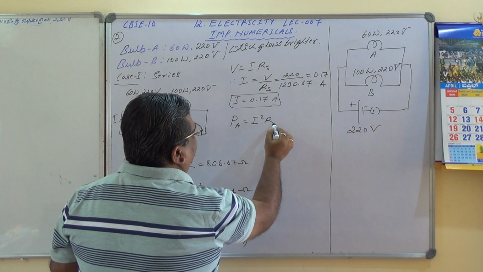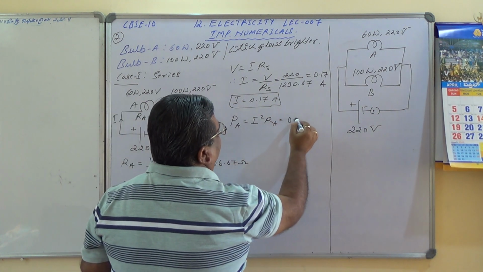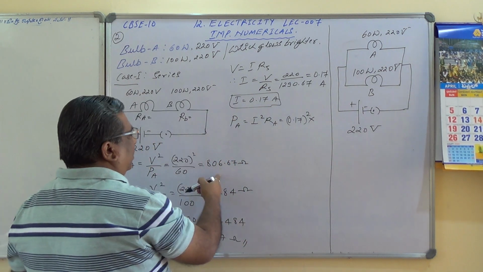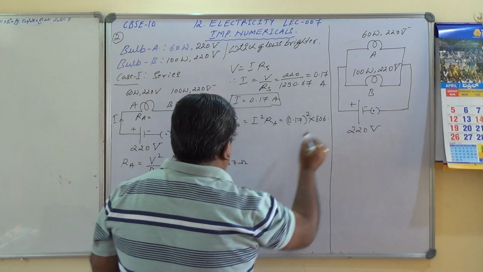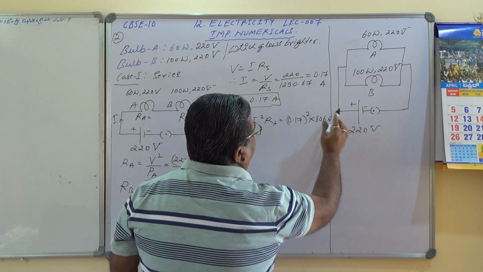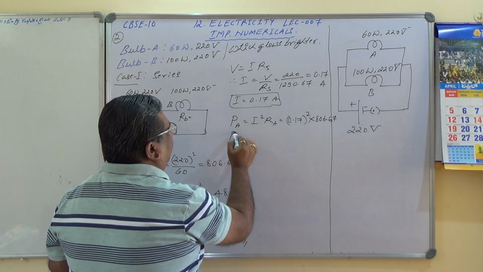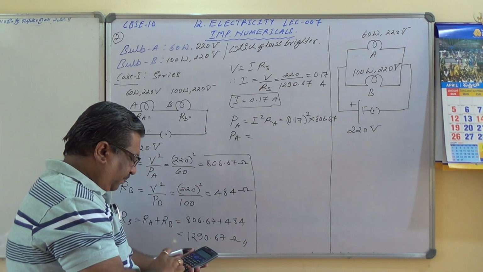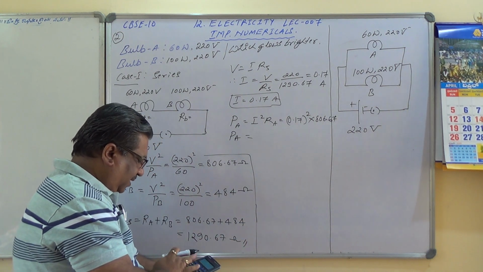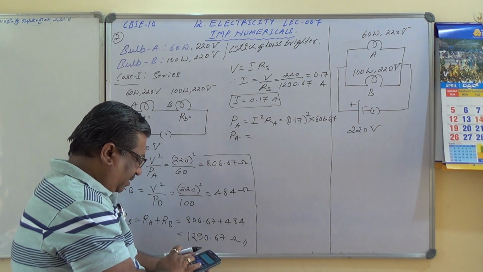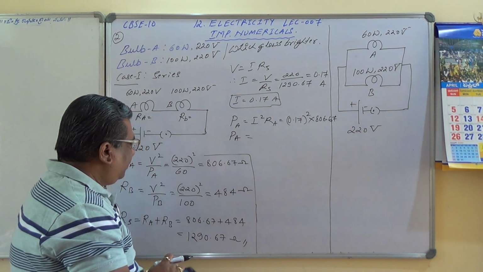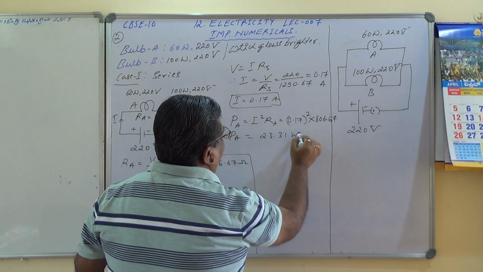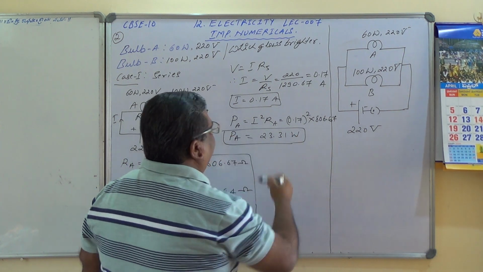So PA is equal to I square into RA. What is I square? 0.17. RA is 806.67. Therefore PA equals 0.17 into 0.17 into 806.67, which will give me 23.31 watts.